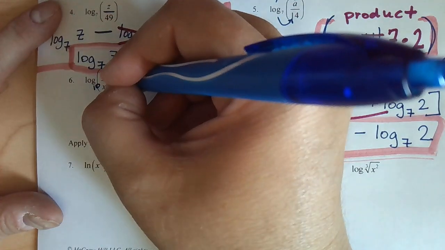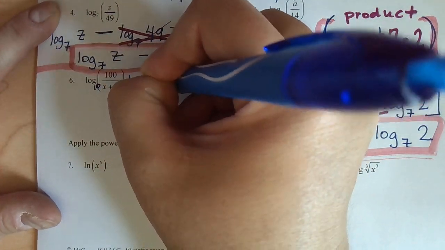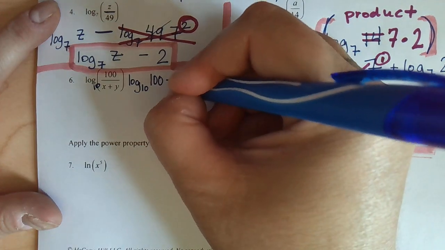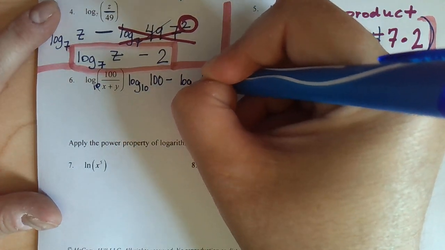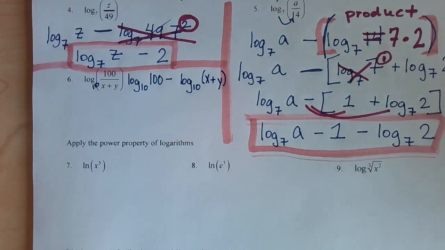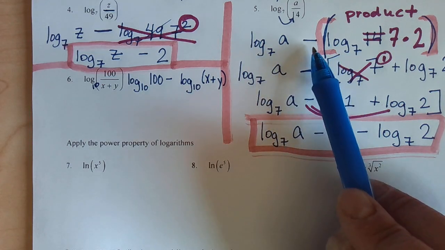Okay, so we're going to have log 10 100 minus log 10 of x plus y. Okay, so far it looks like number 5 where we have something minus something.